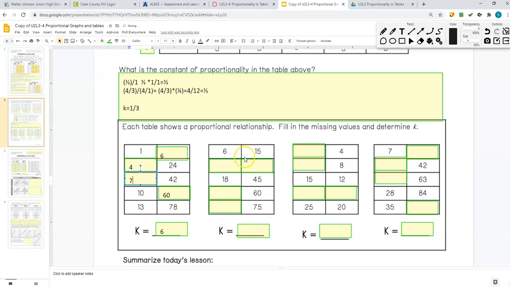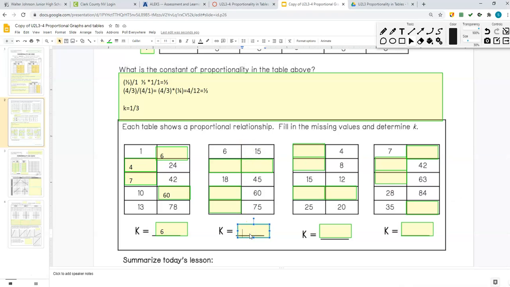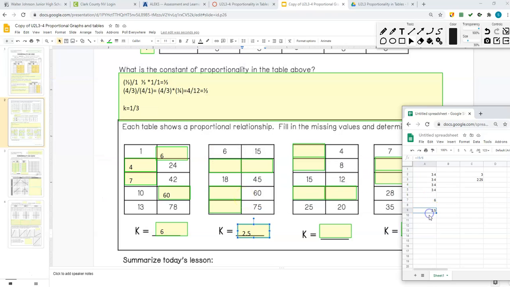Let's find our constant of proportionality here. We're going to take 15 divided by 6, and we get 2.5, so our k is 2.5. And so to get the number here, we need to divide by 2.5. So let's take our 60 divided by 2.5.